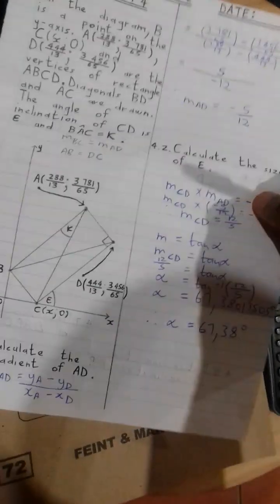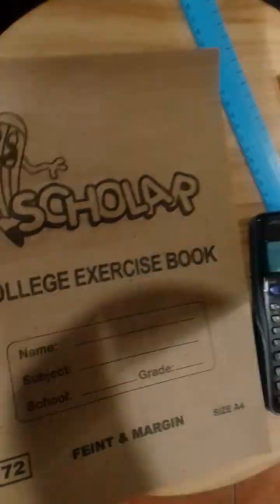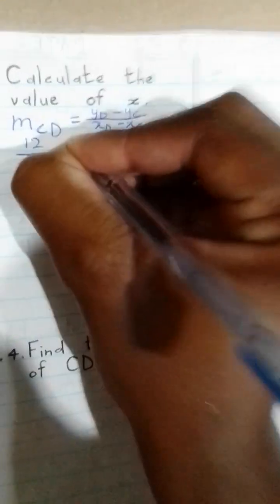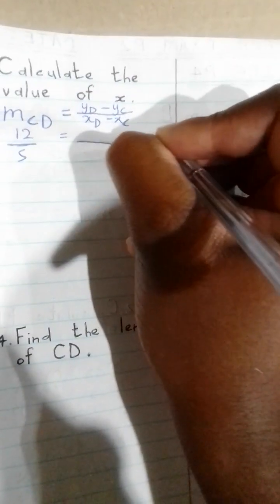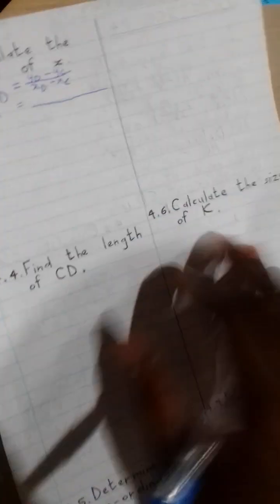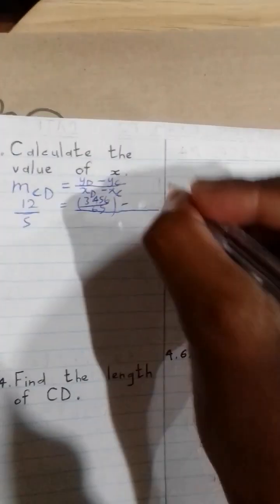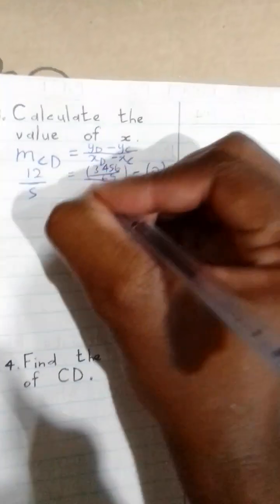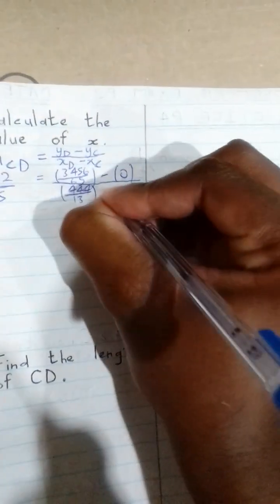Gradient of CD is 12 over 5. So 12 over 5. What is YD? 3456 over 65 minus Y of C is 0, over X of D 444 over 13 minus X of C is X.